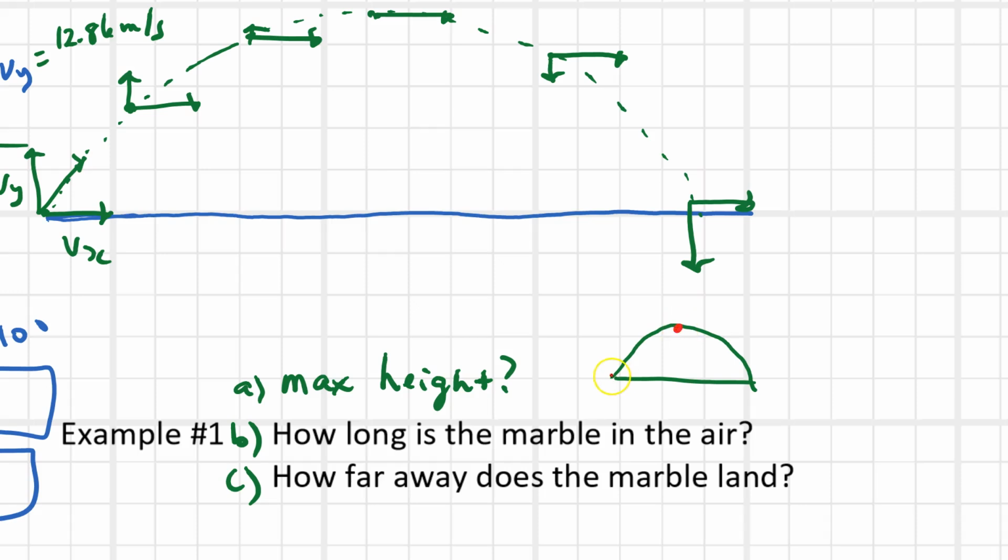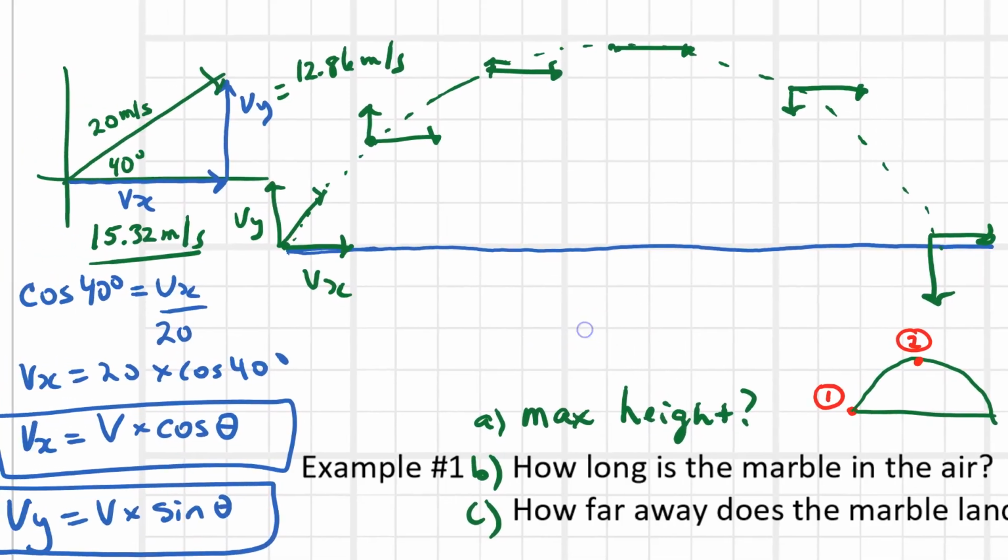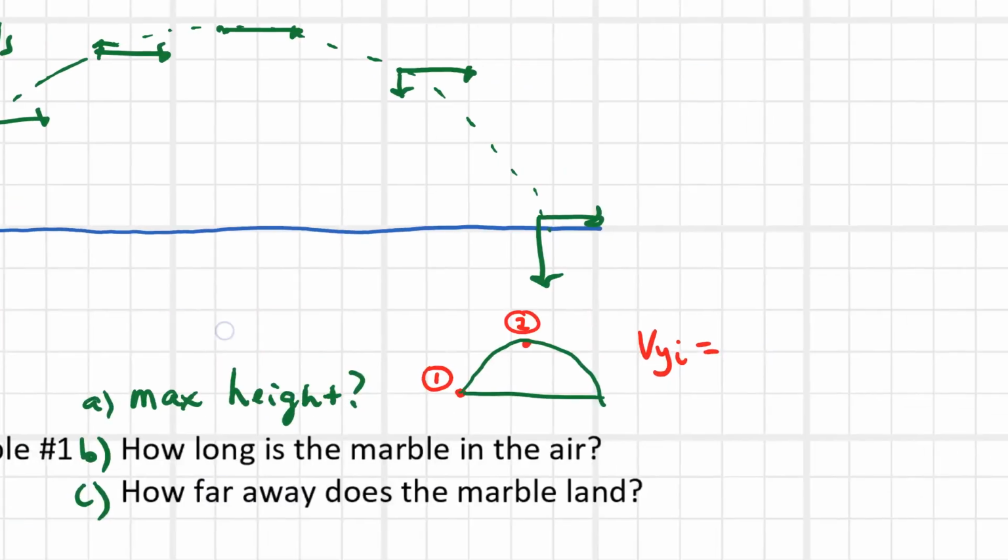I'm bringing this up because depending on the question, you're going to change the interval of time that you're interested in. In this case, if this is the initial situation, that's the final situation at the top. So when you do maximum height, the key is that the vertical velocity initially was, I guess, 12.86.